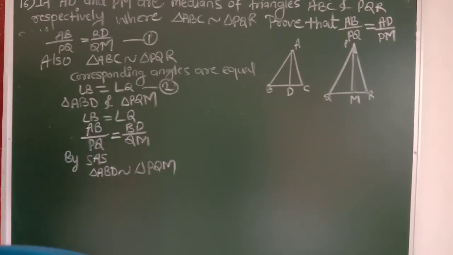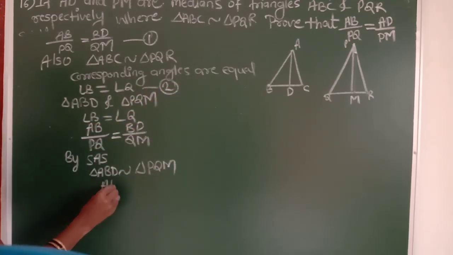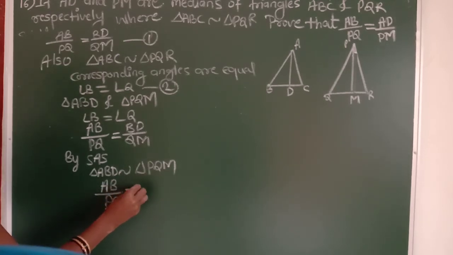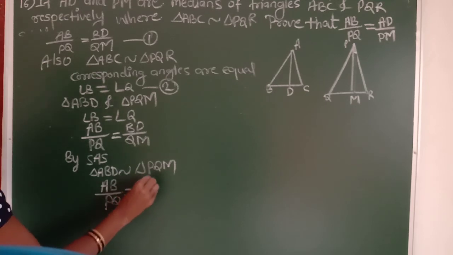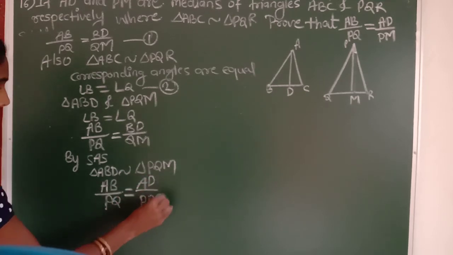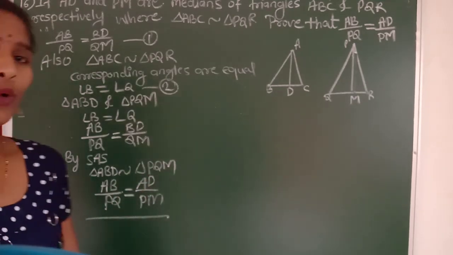Since corresponding sides of similar triangles are proportional, we can write AB by PQ is equal to AD by PM. Hence proved. I hope you understood this.